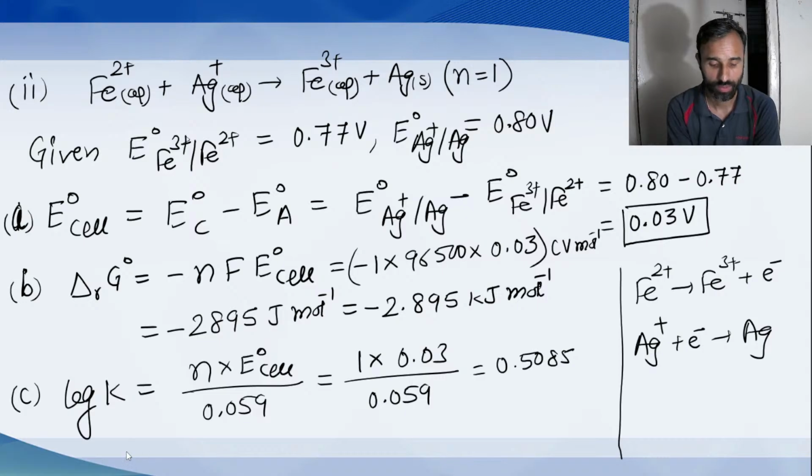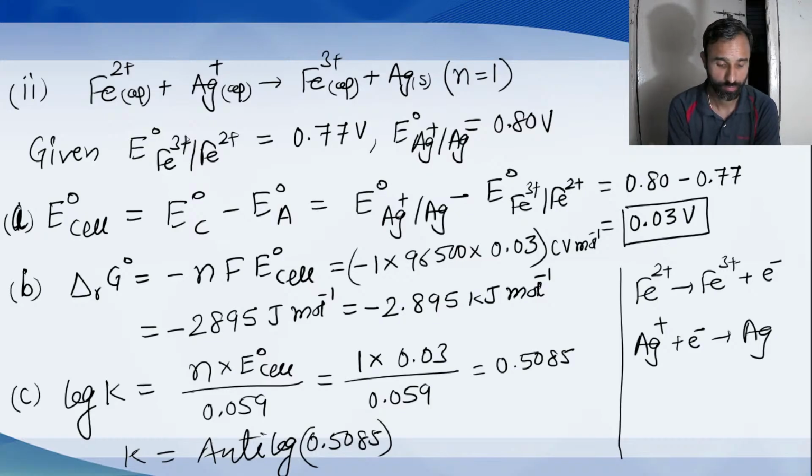K is the anti-log of 0.5085. The anti-log of 0.5085 is 3.225.